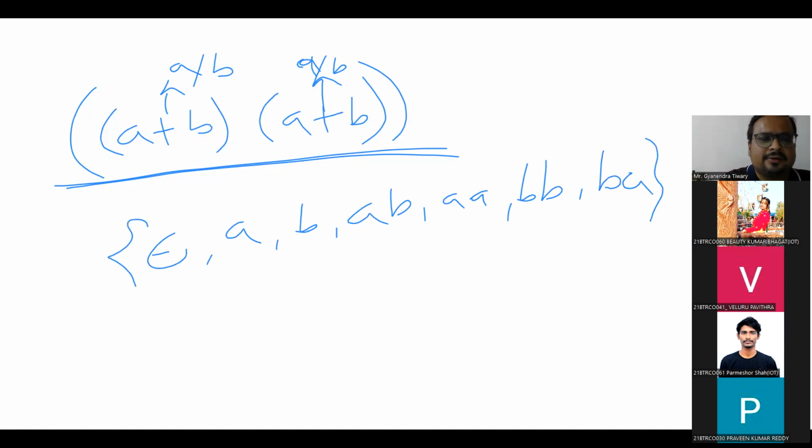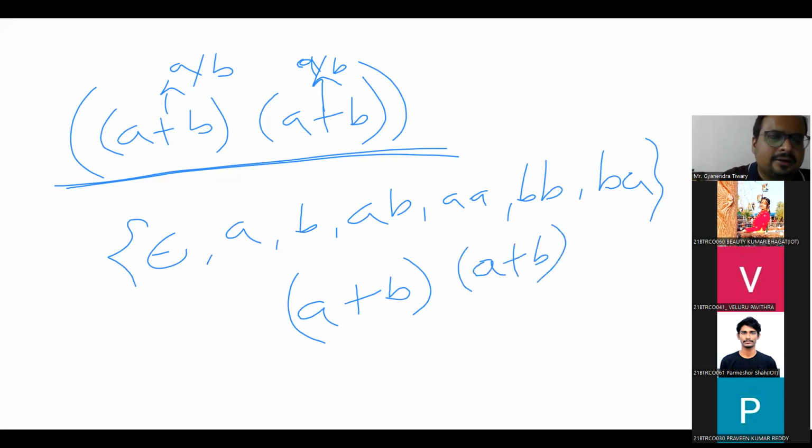So A or B can come, right? Yes, A or B can come. And one more thing we have to add with this.